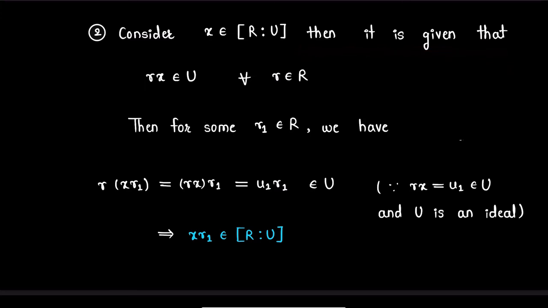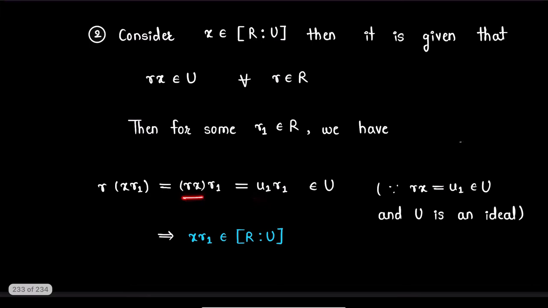Then it is given that for all elements r from ring R, rx is an element of ideal U. Then for some element, say r1, from ring R, we have r(xr1) equals (rx)r1, which equals u1r1, where u1 is rx, which is some element of ideal U. Now since u1 is an element of ideal U and r1 is some element of ring R, u1r1 will be an element of ideal U. That is, r(xr1) is an element of ideal U, and therefore xr1 becomes an element of this set.